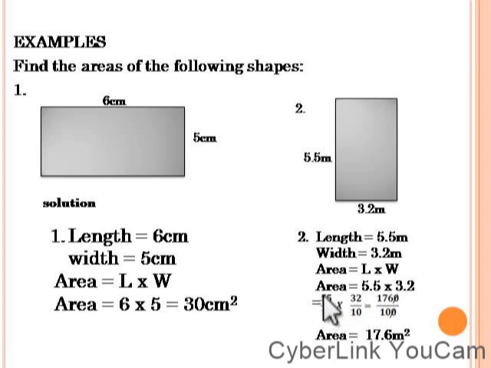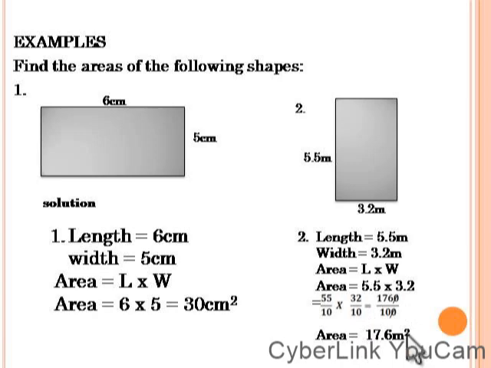We multiply out the top and multiply out the bottom. So we have 55 times 32, which gives us 1760, divided by 10 times 10, which gives us 100. Then 0 cancels 0. We are left with 176 over 10. So if we move the decimal point, that gives us 17.6 meter squared as our answer.